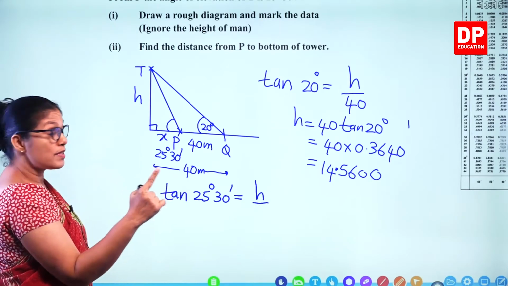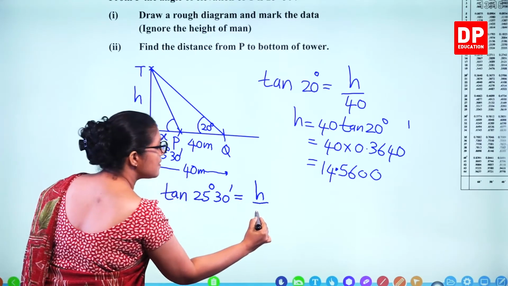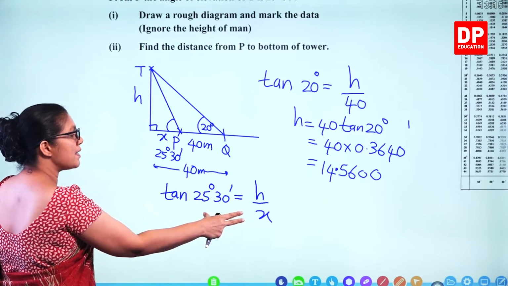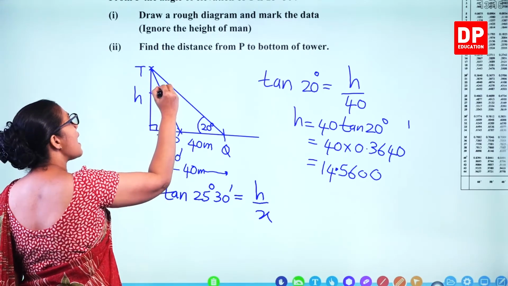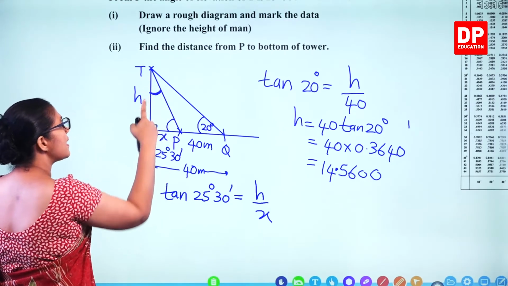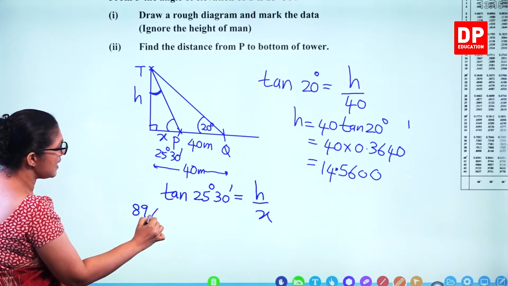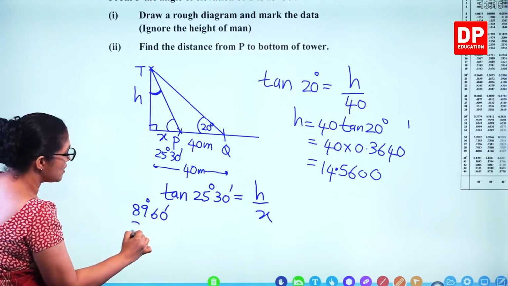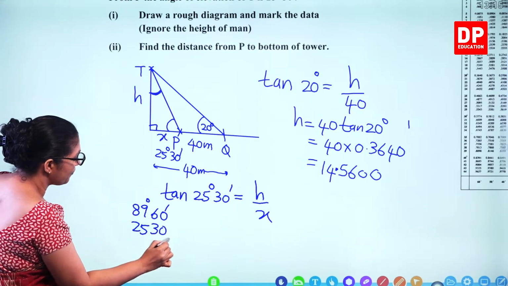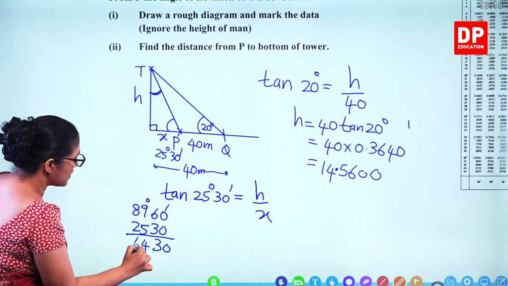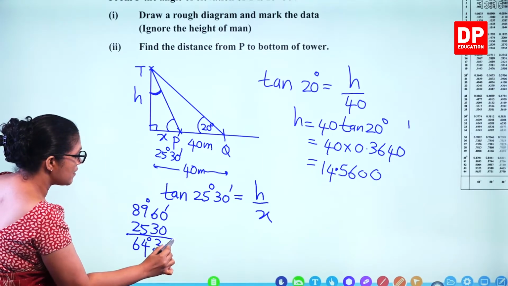It's better to use the other way around because this is unknown. Then what happens? You have to divide by that number. So we'll take this angle. So what is this angle? Subtract from 90. So you can say 89°60' minus 25°30'. So you get 30 here, 4, 6, 64°30'.